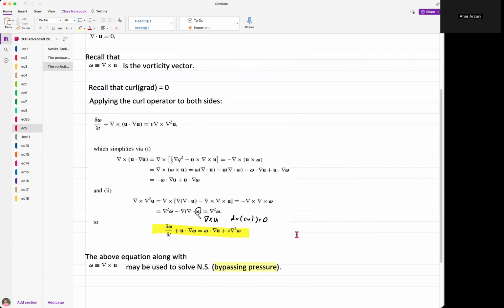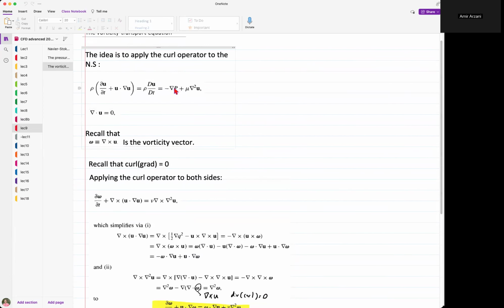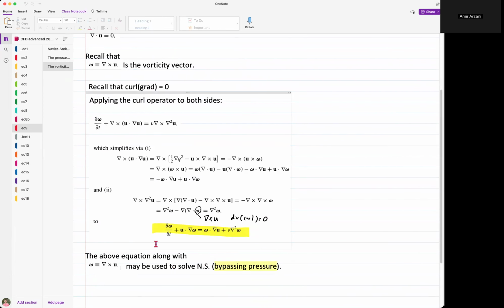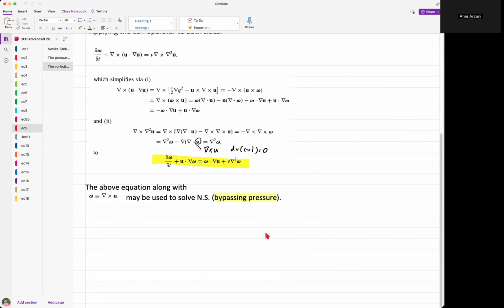If you look at the vorticity equation, there is no pressure, because when you take the curl of the Navier-Stokes, pressure appears as grad P, and its curl is 0. So pressure is gone. Now you don't have to worry about all these challenges that come up with pressure in incompressible flows. You directly solve for vorticity, and you can use the stream function vorticity approach to solve for the flow and obtain velocity and vorticity without the need to deal with pressure.